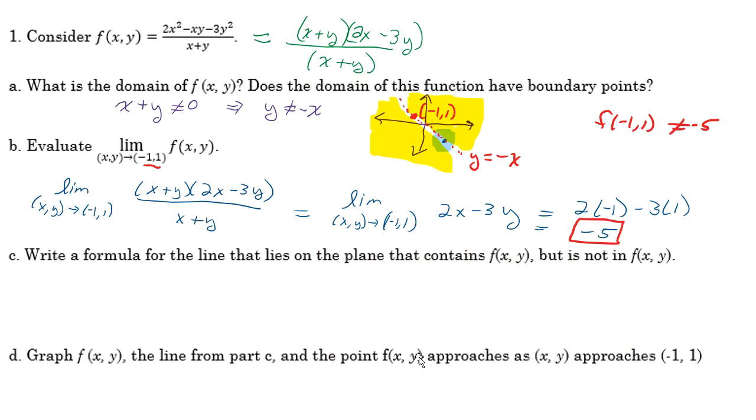All right, so what do we know about that line? Well, we know that line has to lie on the plane, right? So the whole plane itself can be modeled by our reduced version, 2x minus 3y. So the plane is z equals 2x minus 3y.